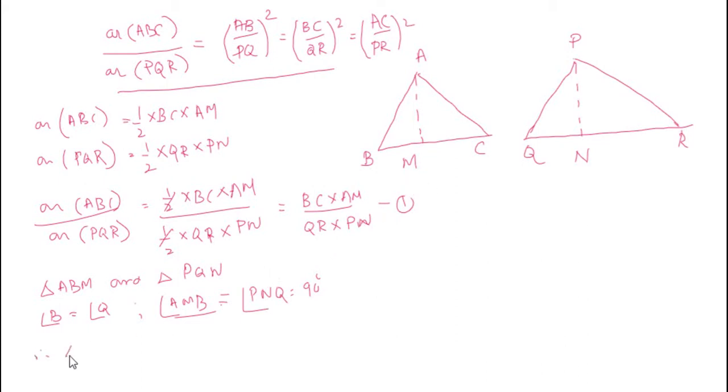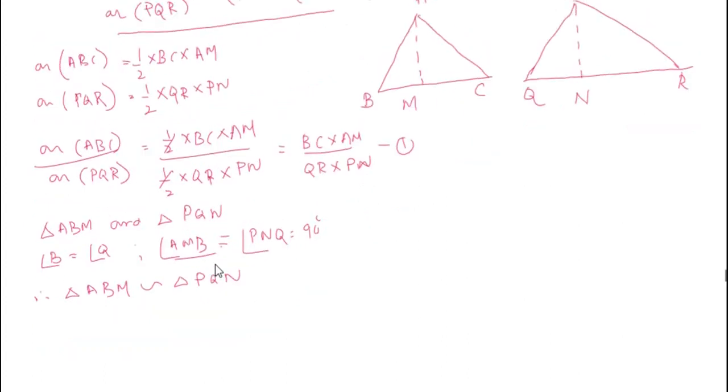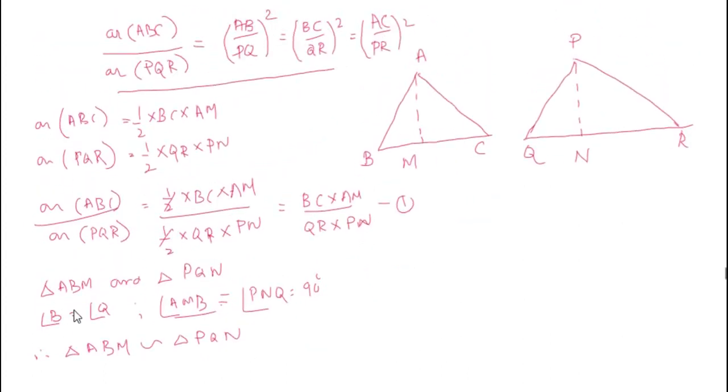Therefore, triangle ABM is similar to triangle PQN. When two triangles are similar, the ratio of the corresponding sides are equal. Therefore, AB by PQ equals BM by QN equals AM by PN.